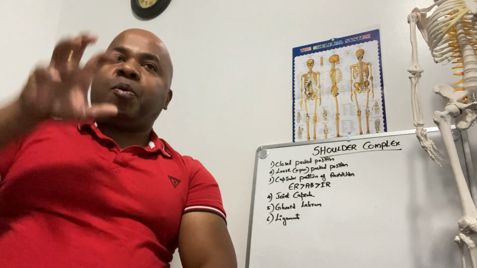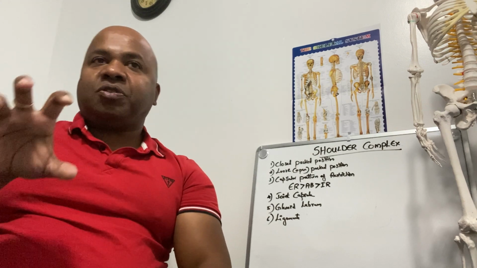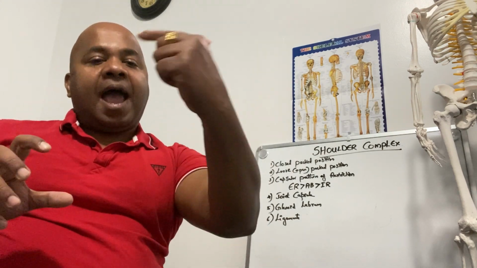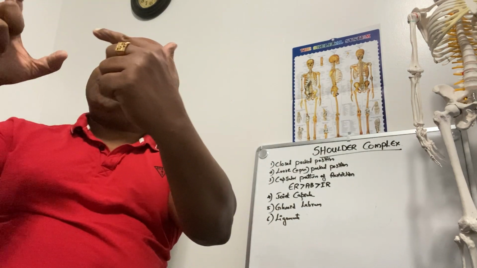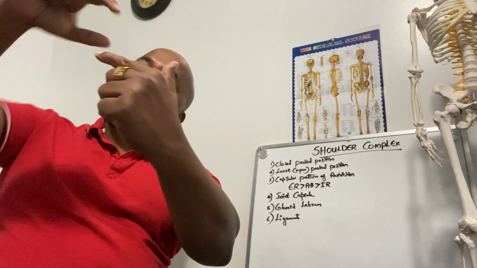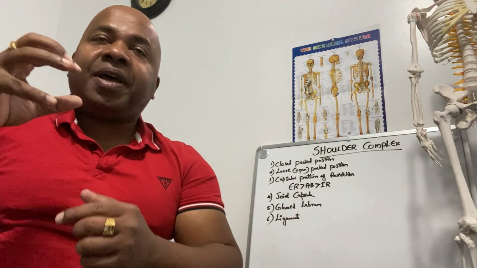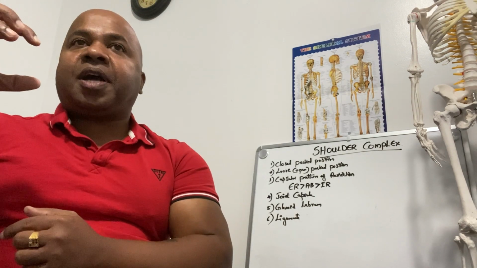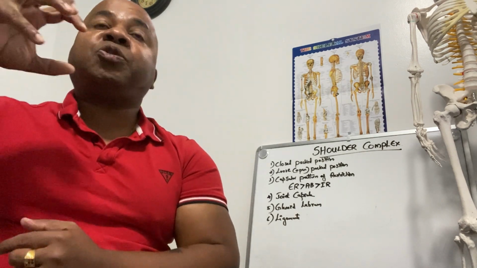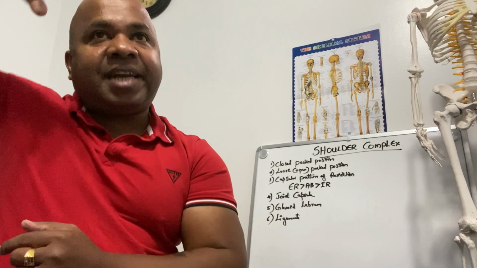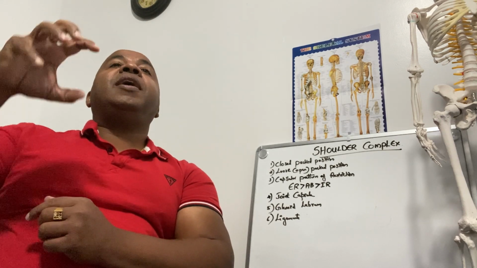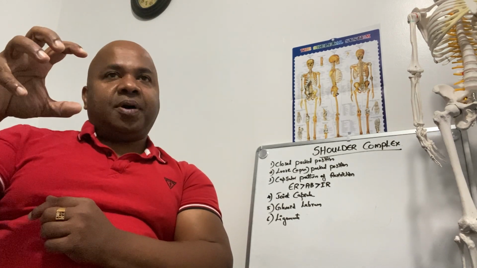So the coracoacromial arch, which includes the coracoid process anteriorly, the acromial process laterally, and the coracoacromial ligament, forms an arch which will prevent any upward movement of the head of the humerus, as well as any direct injury to the head of the humerus.